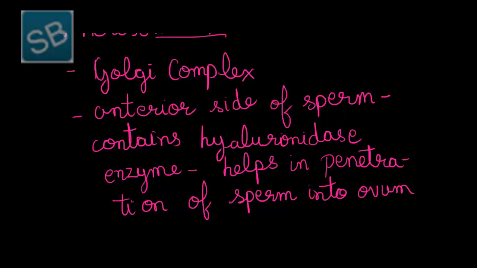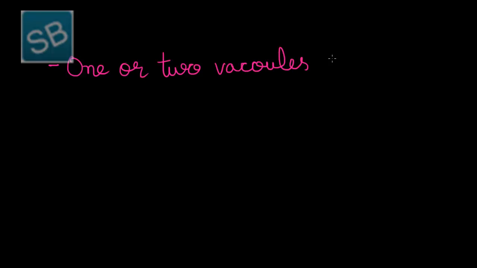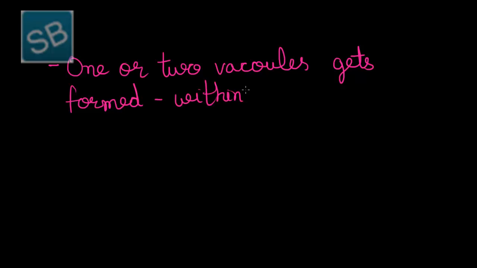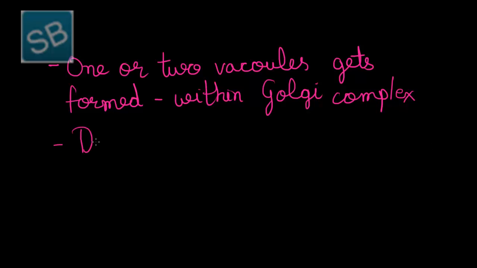Since this enzyme lubricates the sperm entry into the ovum, further, with the formation of Golgi complex, one or two vacuoles get formed within such Golgi complex, as a result of which this Golgi complex becomes large and occupies the space between the tubes of the Golgi complex, following which a dense granule appears.